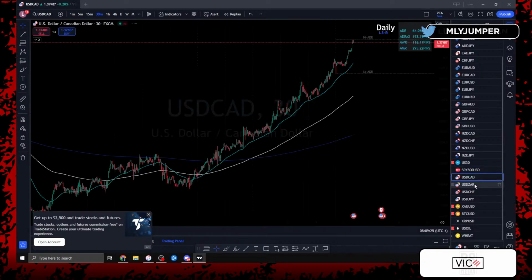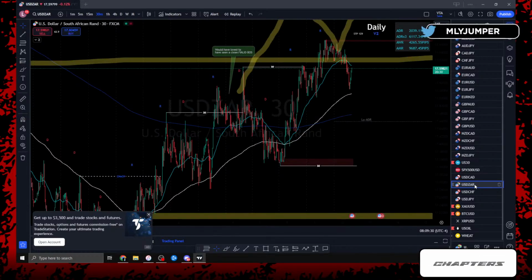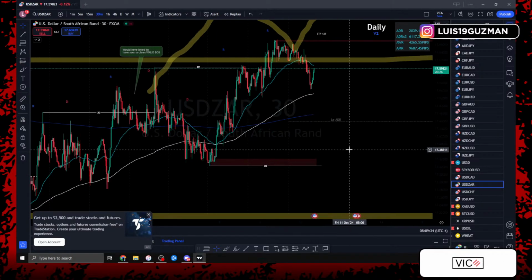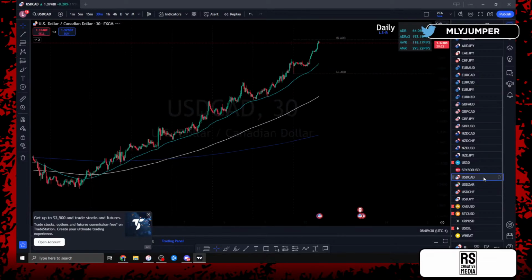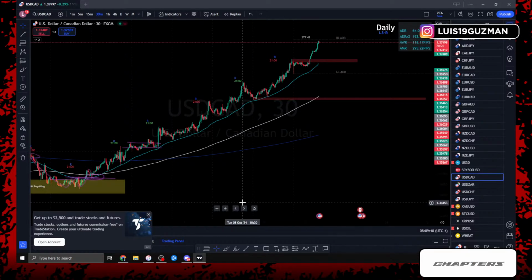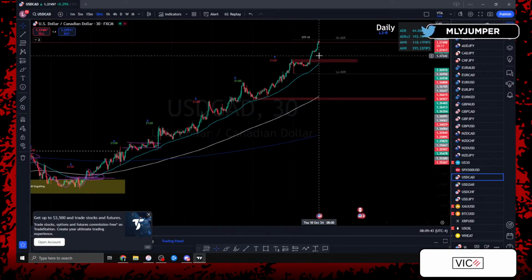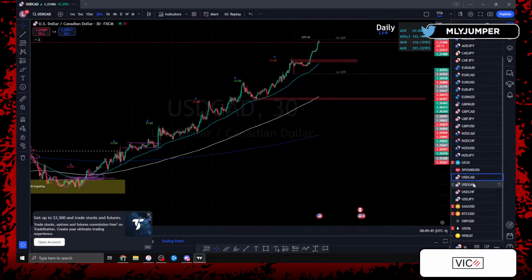However, we know that USD CAD and USD ZAR are also pairs that move relatively similarly, and we could see how USD ZAR had 2 days of rise, and USD CAD hasn't stopped rising. So these are also pairs where there's a lot of manipulation going on.